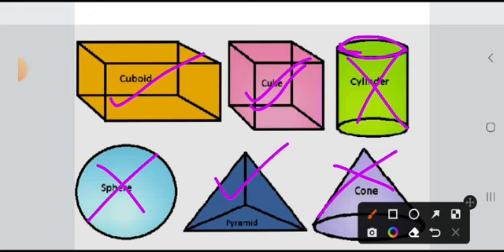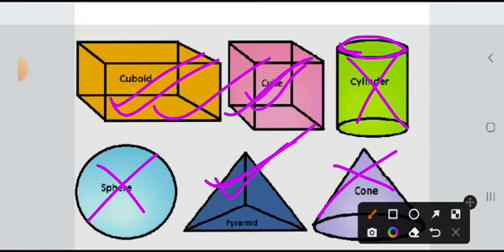So out of the six solid objects like cuboid, cube, cylinder, sphere, pyramid and cone, only 3, cuboid, cube and pyramid, are made up of polygonal surfaces. So those solid objects which are made up of polygonal faces are known as polyhedrons.